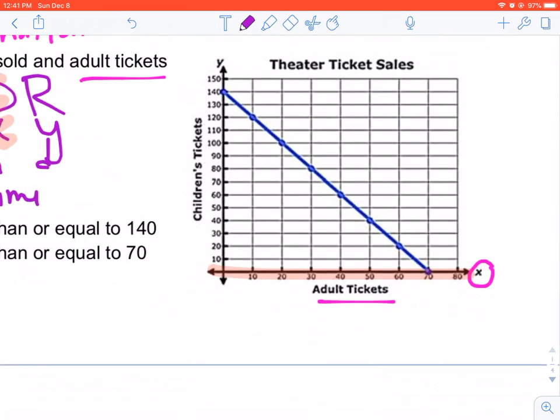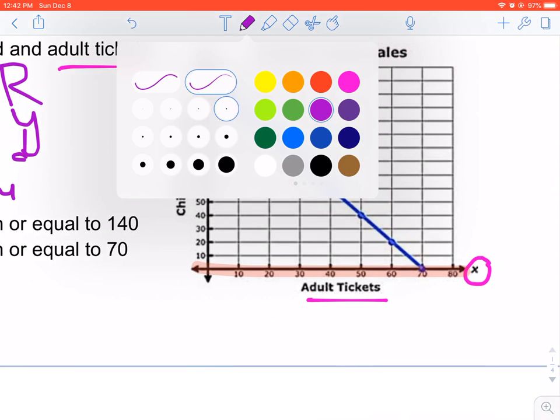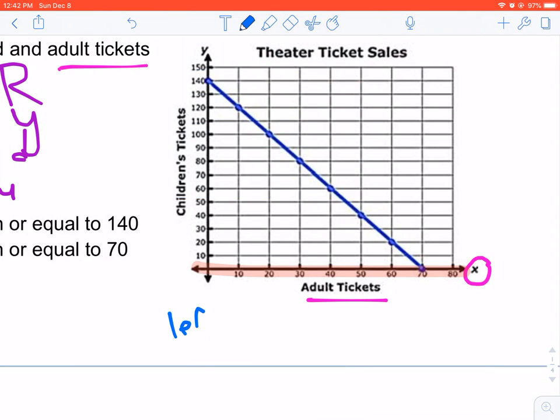And when we look at that, we're also looking at how far to the left and right does the graph go. What is the farthest to the left that the graph goes? And this point up here is showing you how far to the left it goes. And some of you might get tricked with this 140. You cannot use that 140 because that is not on your x-axis.